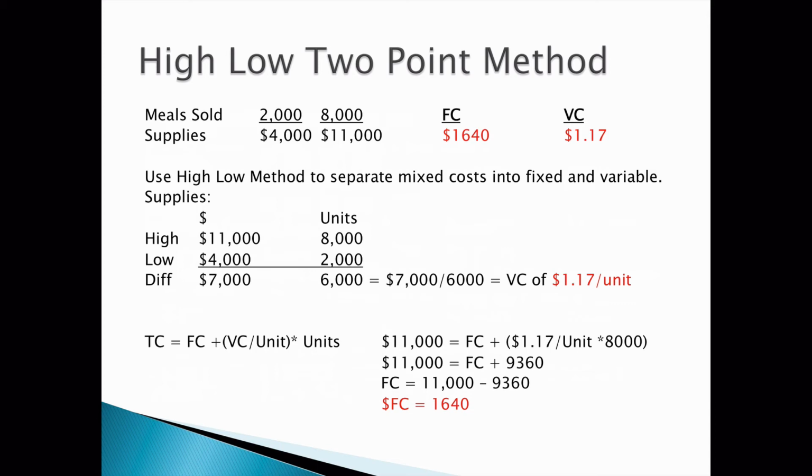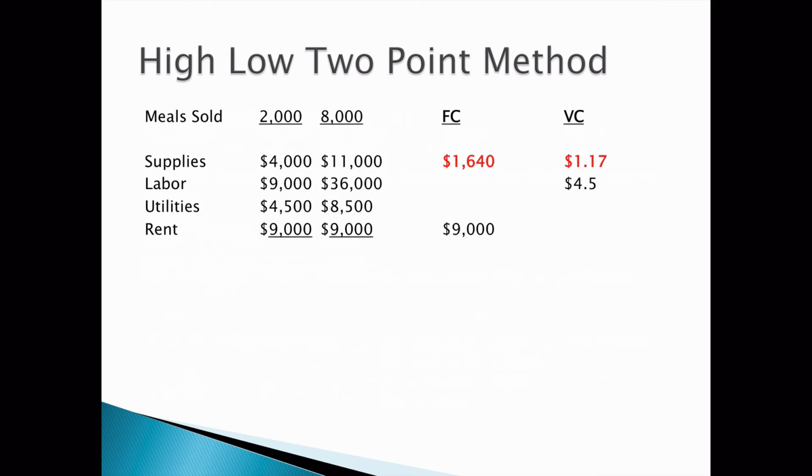Again, we plug our high month into the cost formula, and our high month's total cost was $11,000. And our fixed cost is what we're solving for. Our variable cost per unit was $1.17, and there were 8,000 units at the high month. So we do the math, and our fixed cost is $1,640.